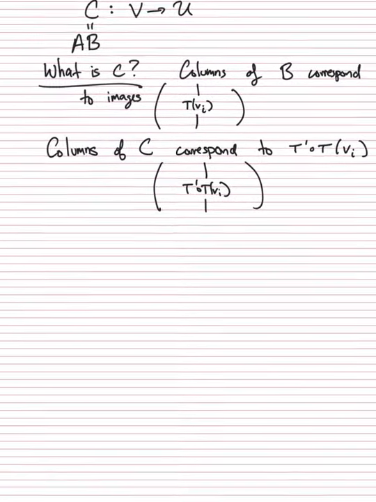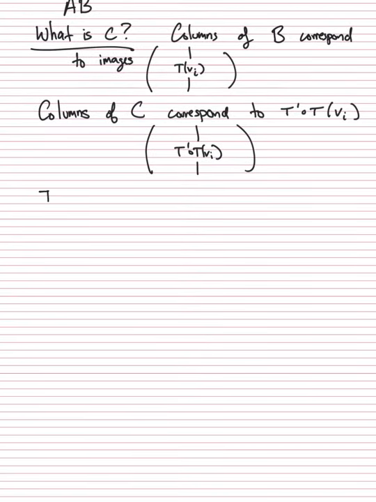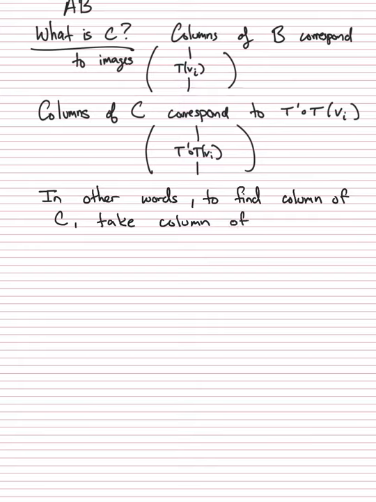Okay, so in other words, to find a column of C, we take a column of B and apply A. Okay?